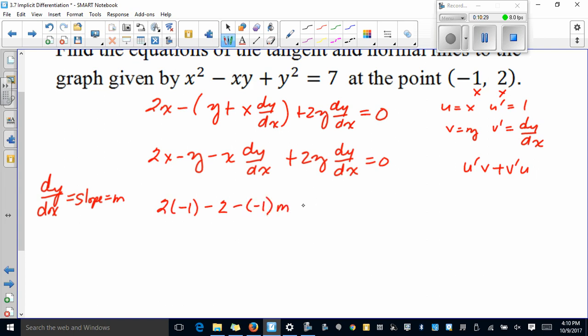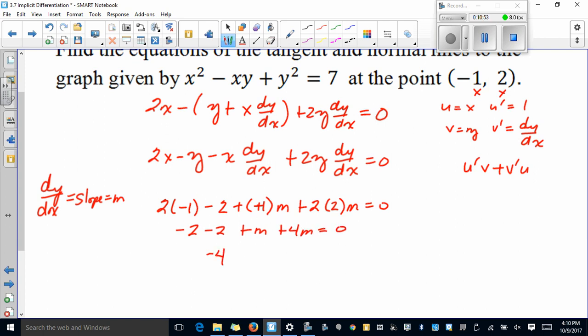Do our math here. 2 negatives make a positive. So 2 times -1 is -2 minus 2 plus m plus 4m equals 0. So we get -4 plus 5m equals 0.